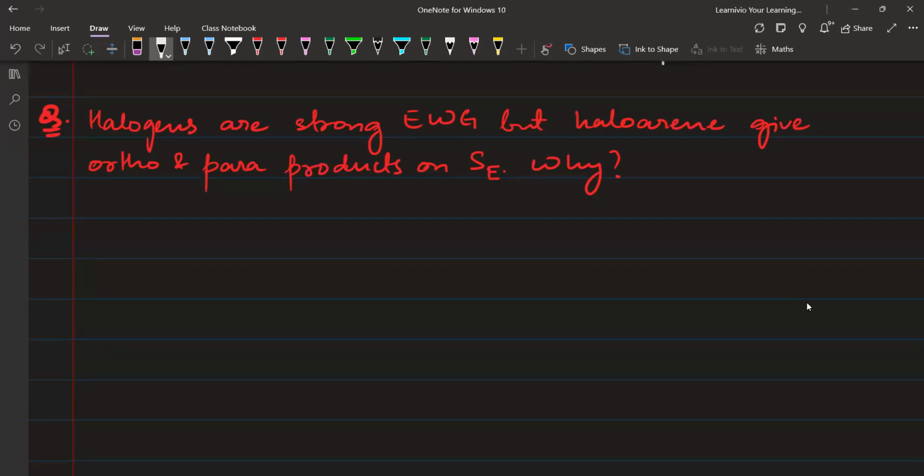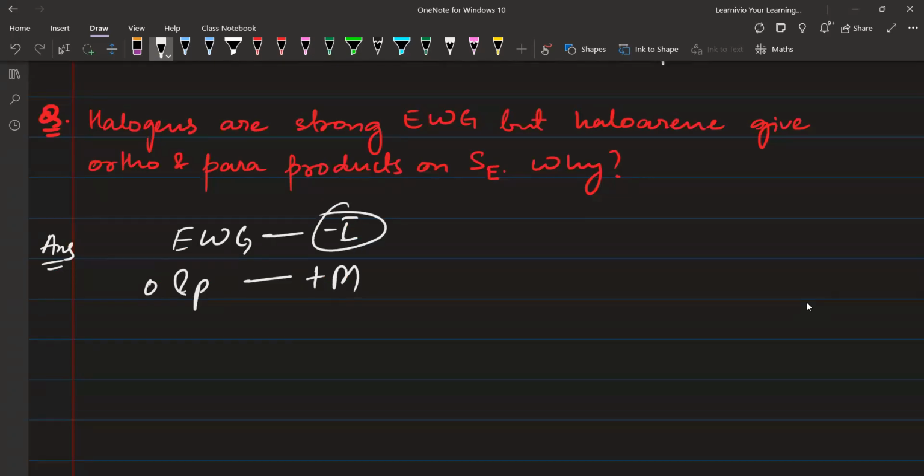Generally speaking, the minus M groups are electron withdrawing groups, but halogen is one of those groups which shows electron withdrawing effect, but it is also plus M. So it is an electron withdrawing group because of minus I, but it gives ortho and para products because of plus M. And there is a very beautiful line written in NCERT that reactivity, how fast the reaction is going to happen, will be determined by minus I, but the orientation, where the groups will be attached, will be determined by plus M, which gives the electron density at the different carbon positions.